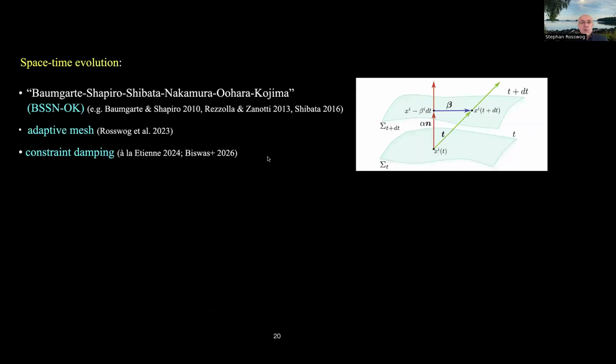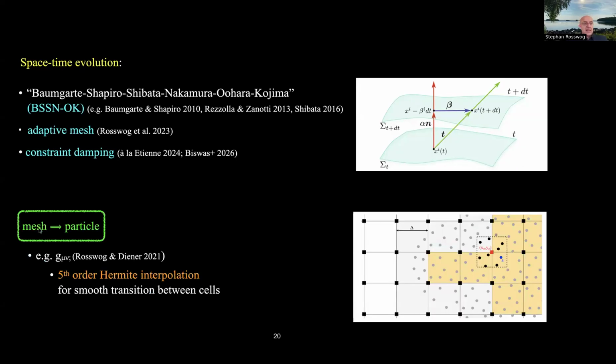Okay, space-time evolution, there is nothing special we do here. We use a pretty straightforward BSSN formulation on an adaptive mesh, and since very recently, we've also added some constraint damping terms. Say the metric, we had said the particles need it and the mesh has it.